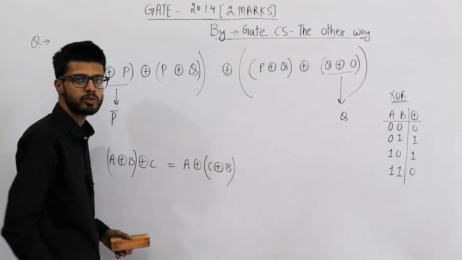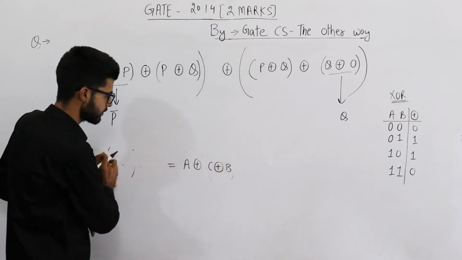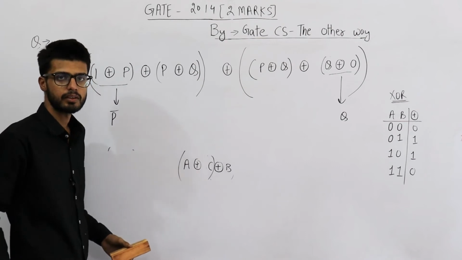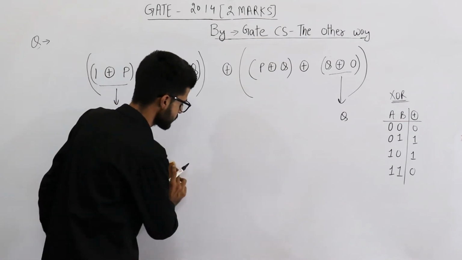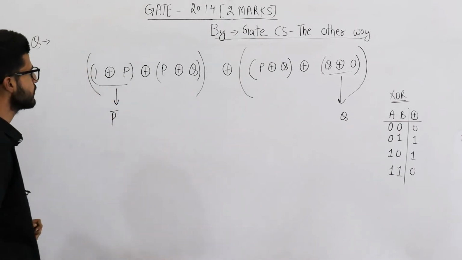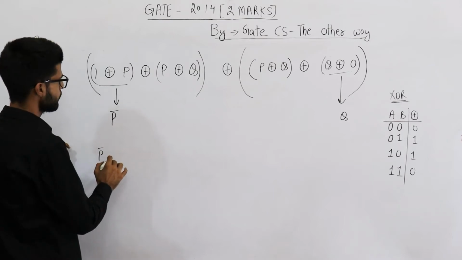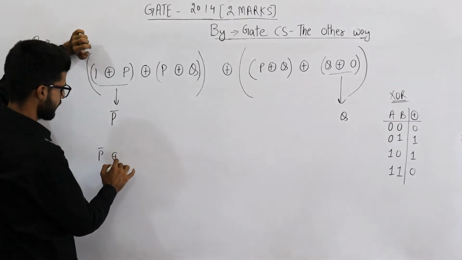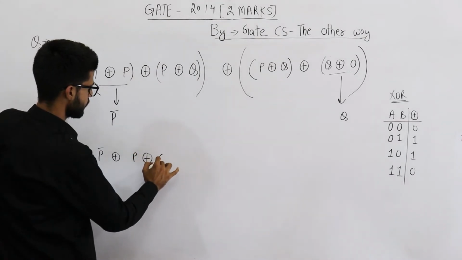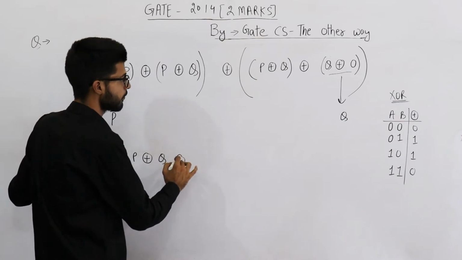Moreover, these brackets don't have any importance. So I can just neglect these brackets as well as I can just put brackets here also. So all these are same because it's associative as well as commutative. That means this equation will become P bar, this much is P bar, then we have XOR P XOR Q. Then we have another XOR symbol.